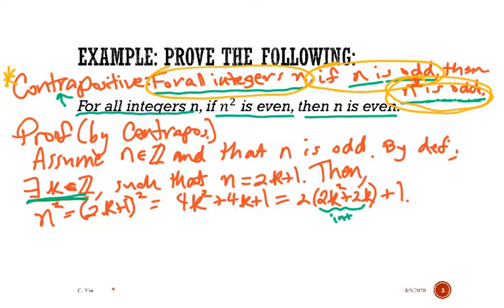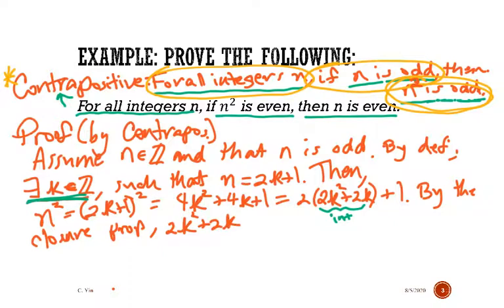All right, so let's write that by the closure property, 2k squared plus 2k is an integer. And so now we have it. The definition of odd says that if you can write a number as 2 times an integer plus 1, then that number is going to be odd.